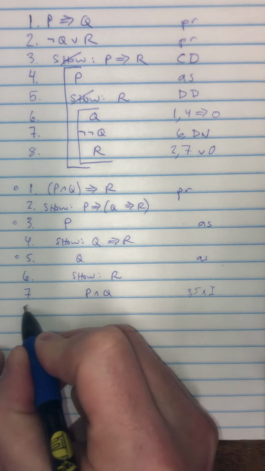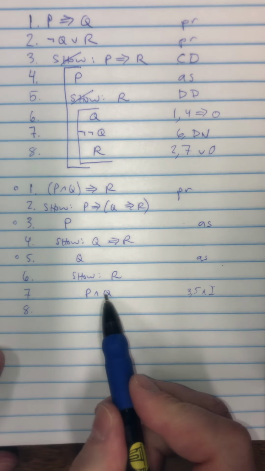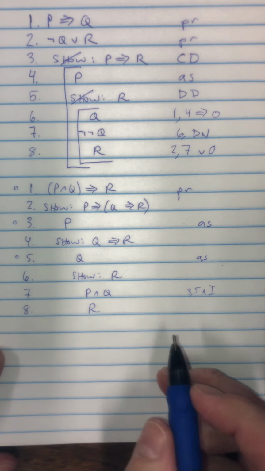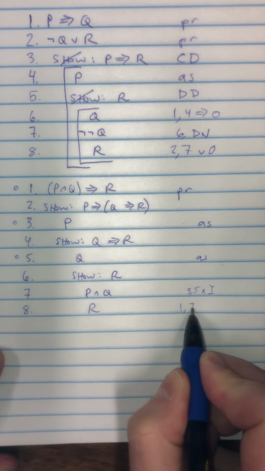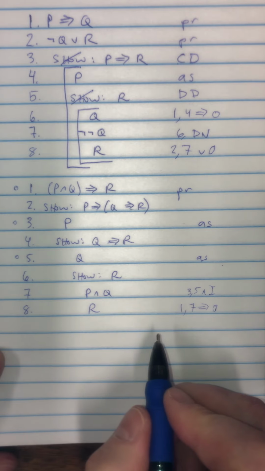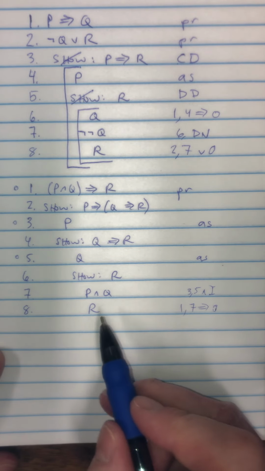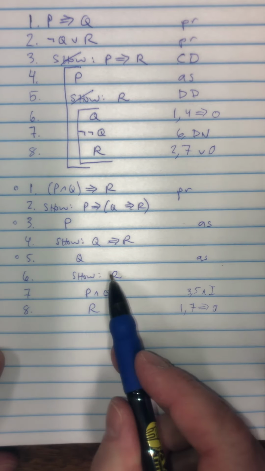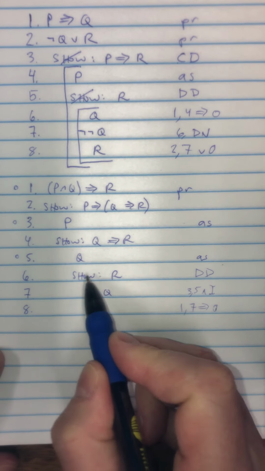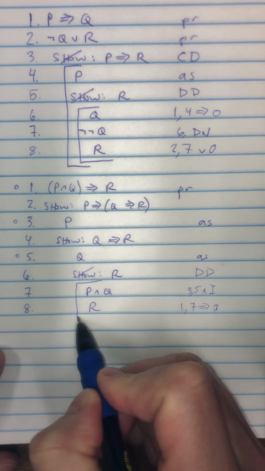And then, now that we have P and Q, and we have if P and Q then R, we can get R. And that comes from 1 and 7 by arrow out. Now we just have to wrap up our proof. We set out to show R, and R is at the bottom of our proof, so that's a direct derivation. We cancel it and we box.